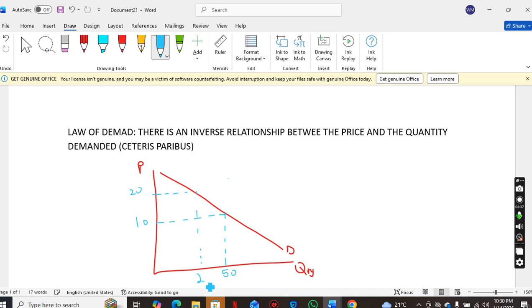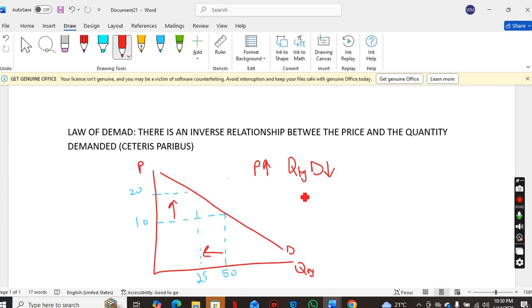So let's say you're now buying 25 units. So with this inverse relationship, we saw price has gone up, quantity demanded has gone down. Okay, from 50 units to 25 units.